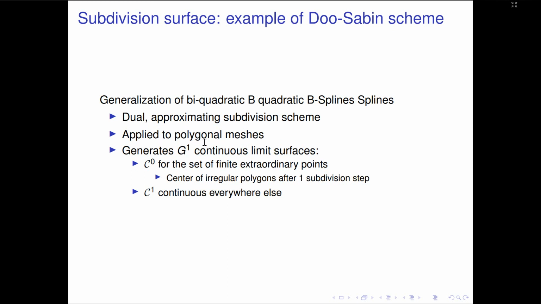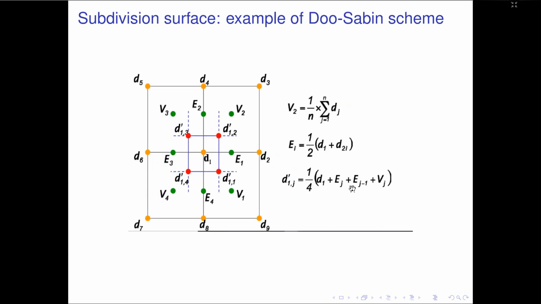It generates a G1 continuous limit surface, which means C0 at the set of extraordinary points, and C1 continuous everywhere else. And now let's see how the Doo-Sabin scheme works.